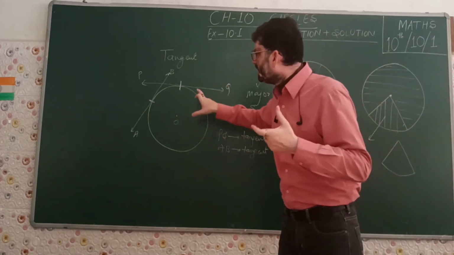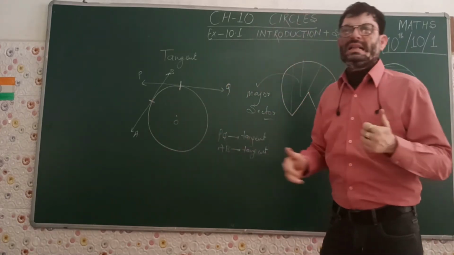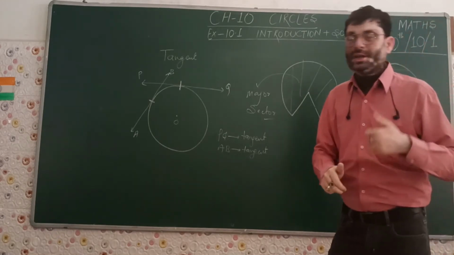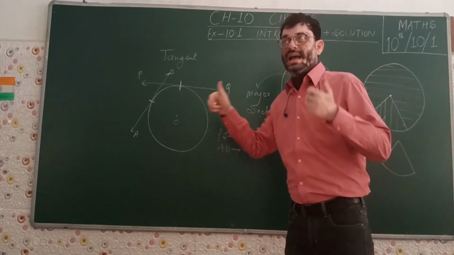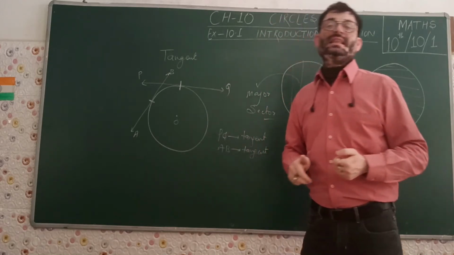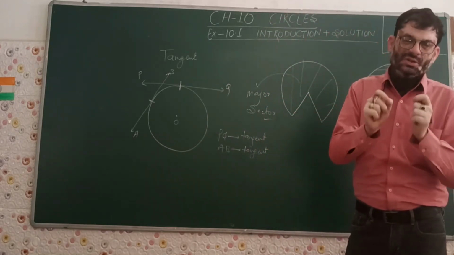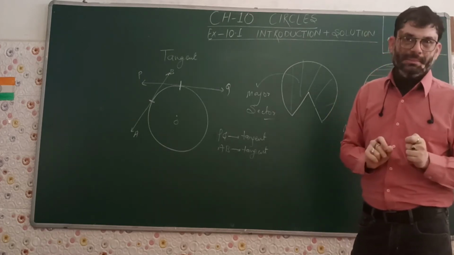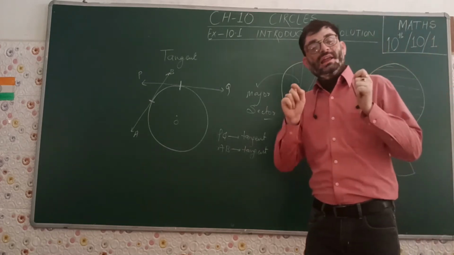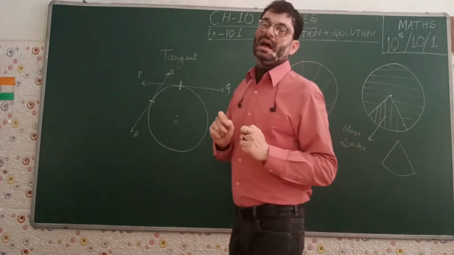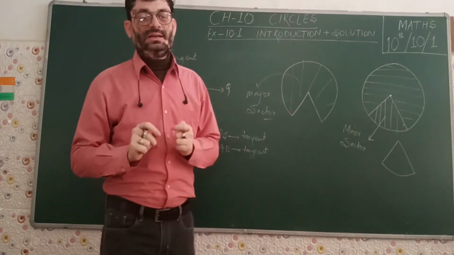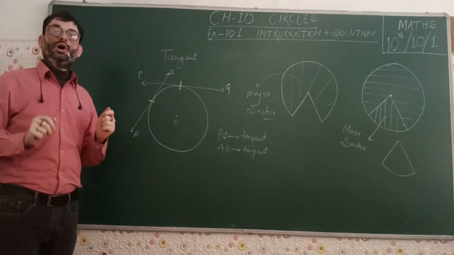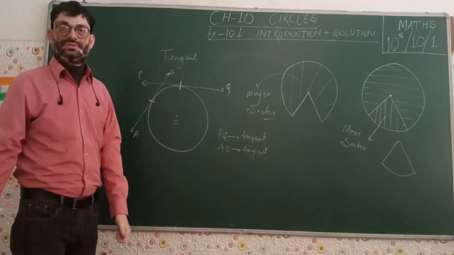That means on the curve of the circle there are infinite number of points, and for each point we can have one tangent, as a tangent is a line that touches or intersects only 1 point of a circle. Being infinite number of points on the circle, infinite number of tangents are possible, or a circle can have infinite number of tangents.